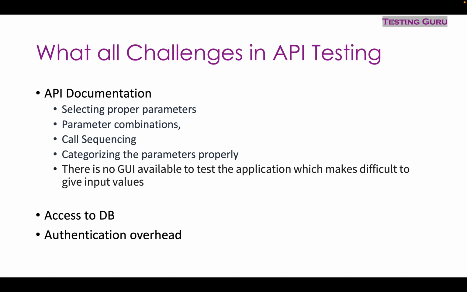That's the reason we need proper documentation of the API so that we can test it properly. Also we need to have access to the DB, and we need to handle the authentication overhead. Some APIs are not open and need authentication, so we first need to get that authentication done and then get the response from the API. Those are the main challenges we face in API testing.